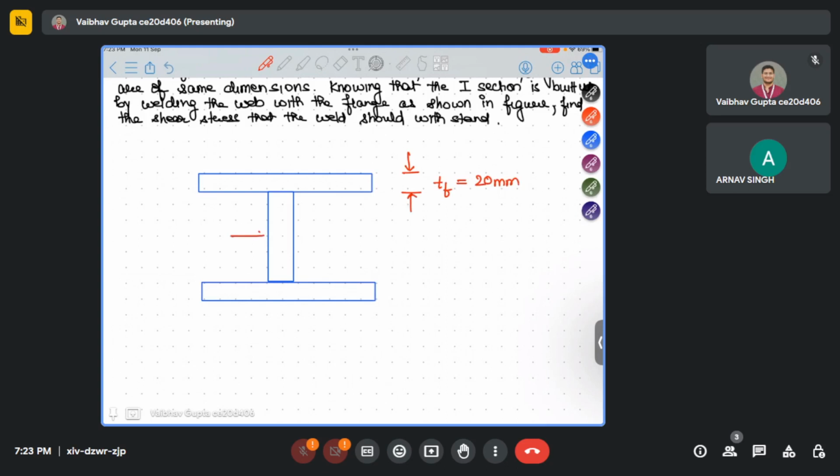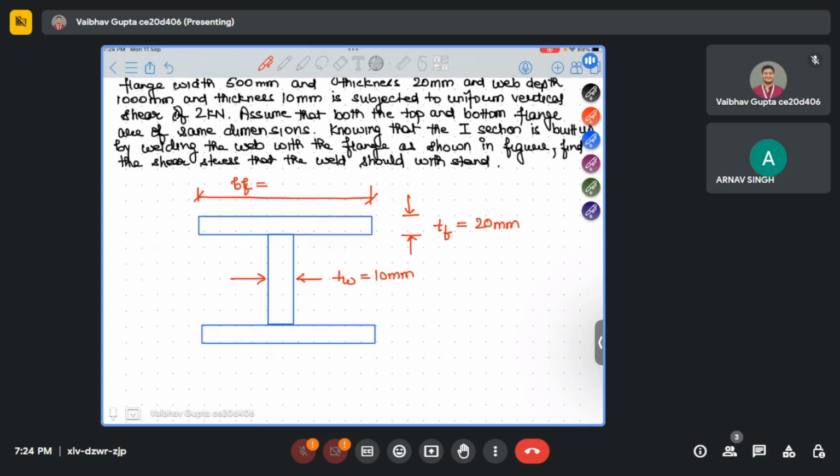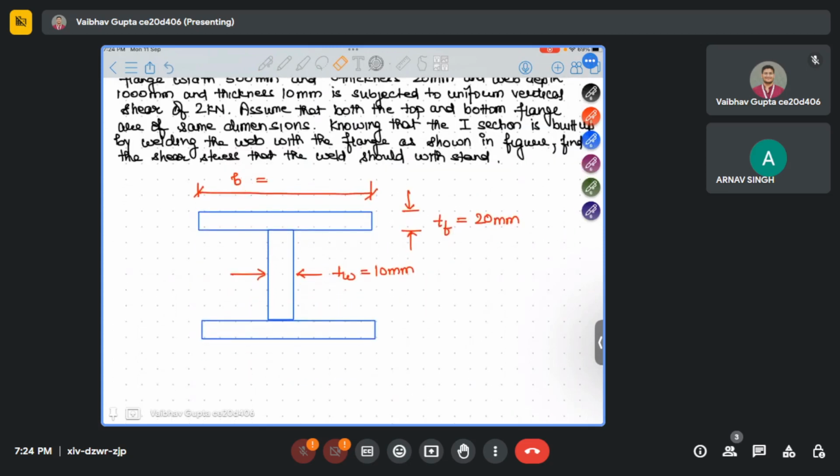Thickness of web as 10 mm. Width of flanges, 500 mm. And height, 1000 mm. Top and bottom flanges are of the same size.